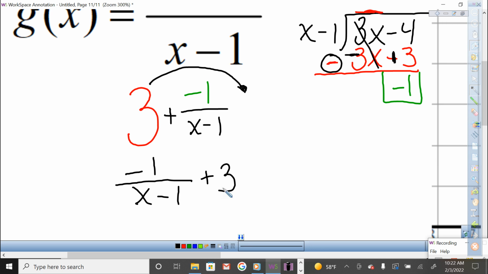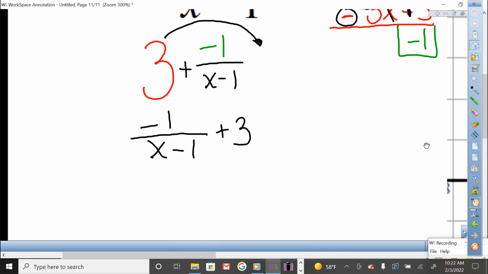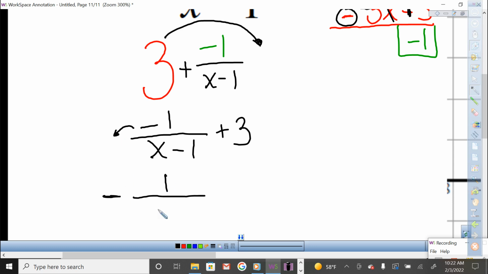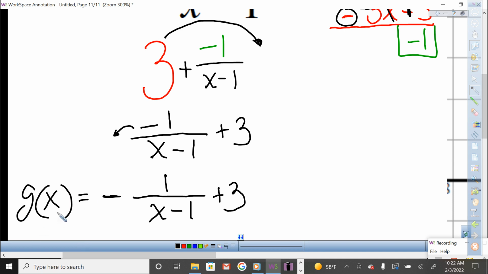Is that looking more like what we've been working with? Yes, Mr. Q. Okay. However, question. Can we have a negative on the numerator? No. Let's bring that to the front. So I'm going to bring this one, move it over here to the front. So this is negative 1 over x minus 1 plus 3. Now this looks like we've been working with, and we're going to set that equal to g of x.